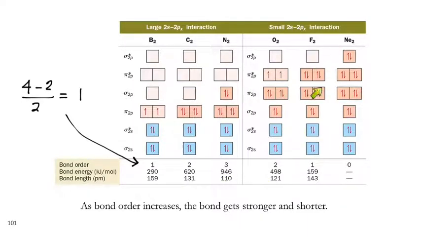Fluorine has 14 total valence electrons, and so they fill in like this. Bond order is 1. Neon has 8, so we get a total of 16 valence electrons, and that fills everything up and gives us a bond order of 0. Neon does not form a diatomic molecule. Any questions? I'll take that as a no.